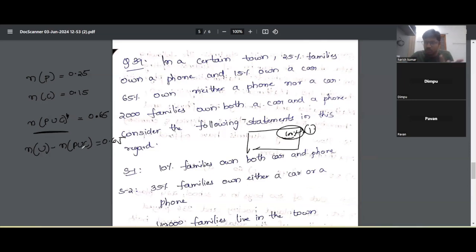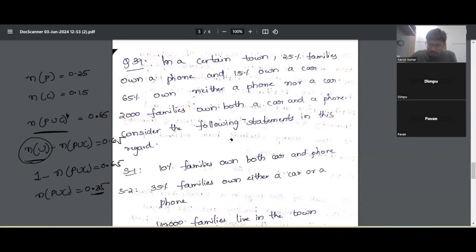N of u means the universal set, which always contains 100%. Because I'm writing in decimals, I'll write 1. So 1 minus n of p union c equals 0.65. From this, n of p union c is 0.35. That means 35% of the people own either a phone or a car.